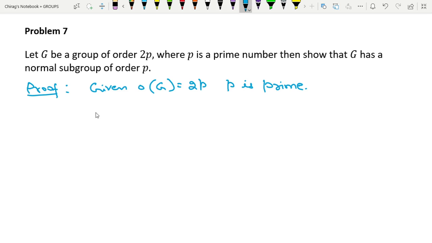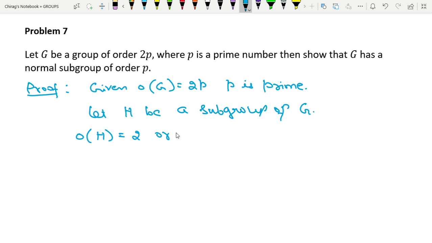Now let H be a subgroup of G. Now what can you say about the order of H? Order of H will be equal to either 2 or p.